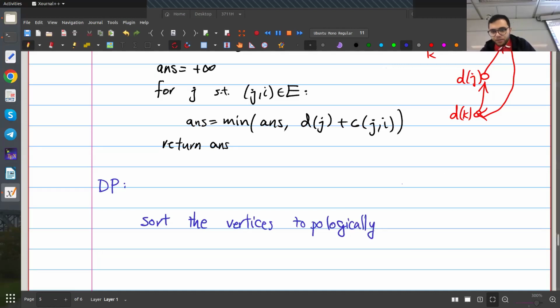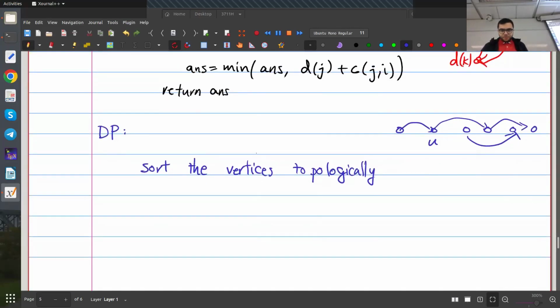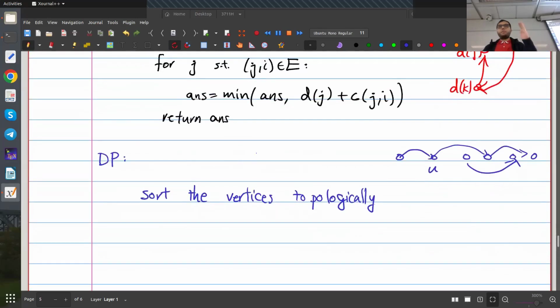So I'm going to have all of my vertices. Let's say this is a topological sort, so all of my edges go from left to right. I might have a ton of edges. And I have my vertex U somewhere in there. And then I'm just going to go over my vertices from left to right.